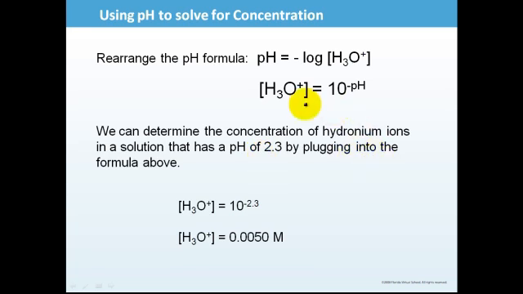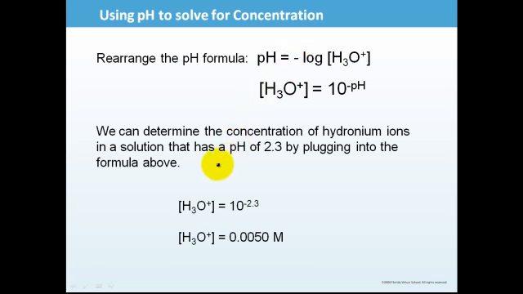So in other words, the hydronium ion concentration is going to be the base 10 to the negative pH value. Now we have to include the negative sign because we have it in our original formula. You may not have seen the negative issue there in math before, but for us we have to use it because of the negative sign here.